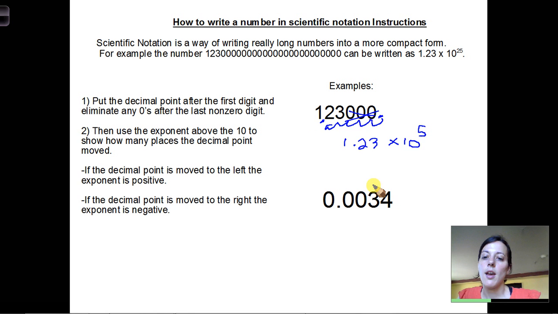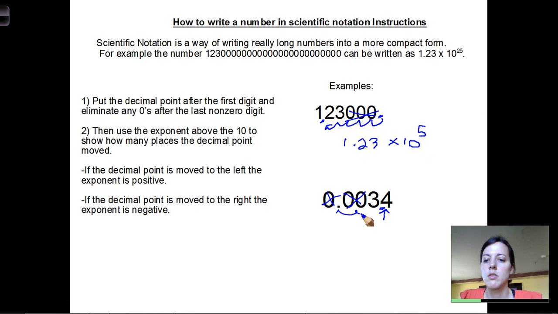The other example we have is a small number, if you will, and we'll follow the same rules. Our decimal spot's already present, so we don't need to put it in, but we are going to move it after the first digit. So we are going to move it right here, because that is the first non-zero digit. And we will eliminate these zeros, so goodbye and goodbye. And we need to count how many times we move that decimal spot for our exponent up there.